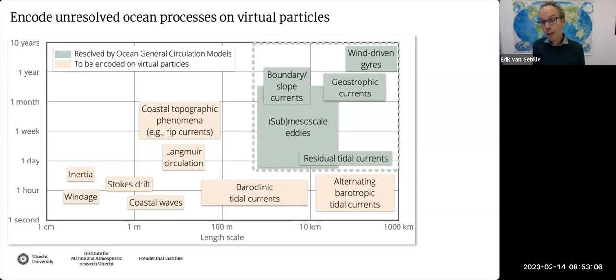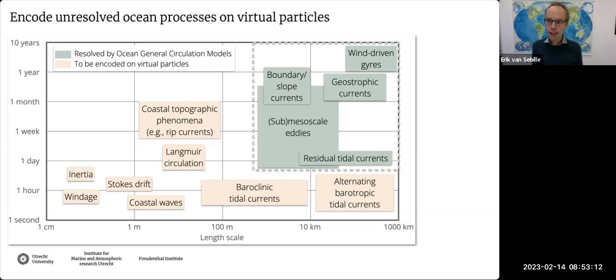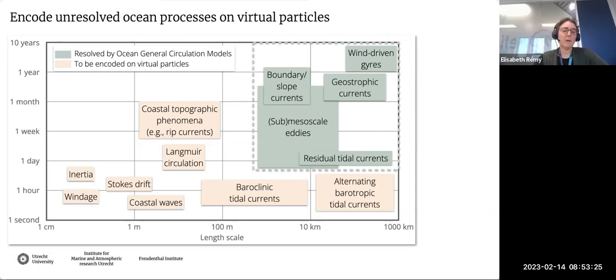The other thing that we're trying right now is baroclinic tidal currents. So with and without internal tides, and seeing actually how the surface accumulation of particles changes if you add internal tides. Okay, it may have an impact more on the coastal oceans than the open ocean.